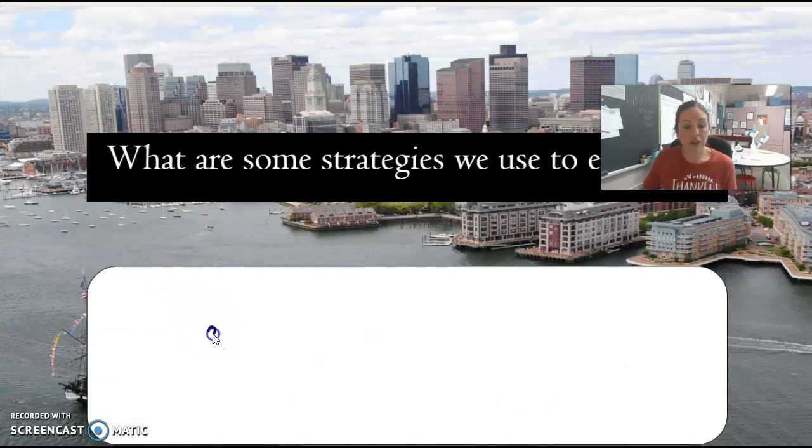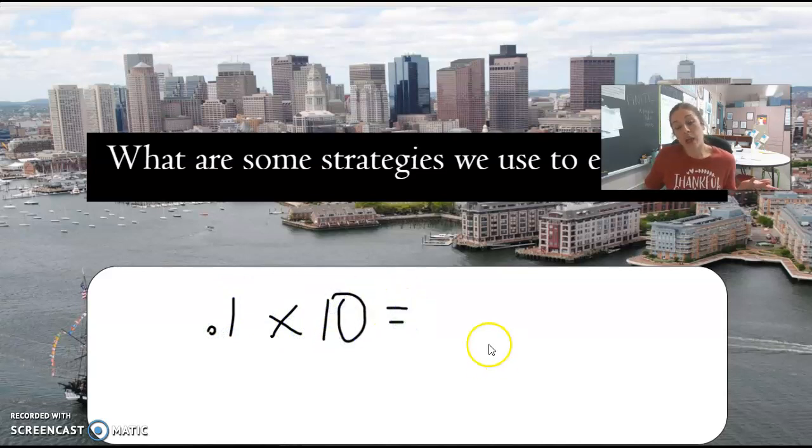If I had 1/10 and I multiplied by 10, let's just say, well, I know I just add a 0. Look, friends, this is the exact same number. I have done nothing to my 1/10. Right here, it is still 1/10.